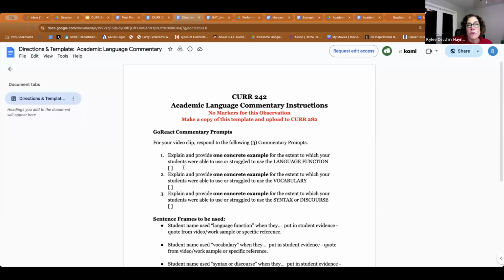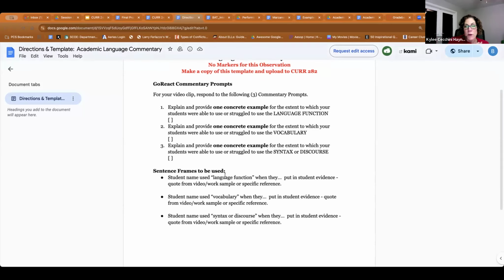So the 3 prompts that you're going to address for your 20-minute video is to explain and provide one concrete example for the extent to which your students were able to use or struggled to use the language function. And then she's given you some sentence frames. So you'd say, like, student name.